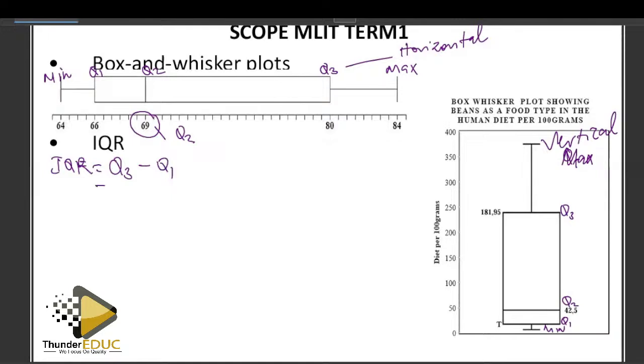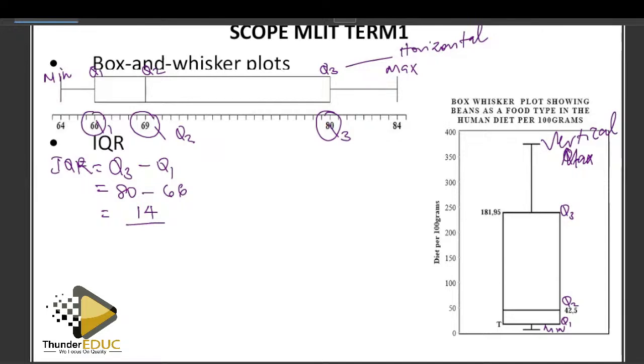The upper quartile minus the lower quartile. Now, in this case, our Q1 is this one, and our Q3 is this one. So we substitute in 80 minus 66. And I believe you end up having 14. So our IQR is 14.